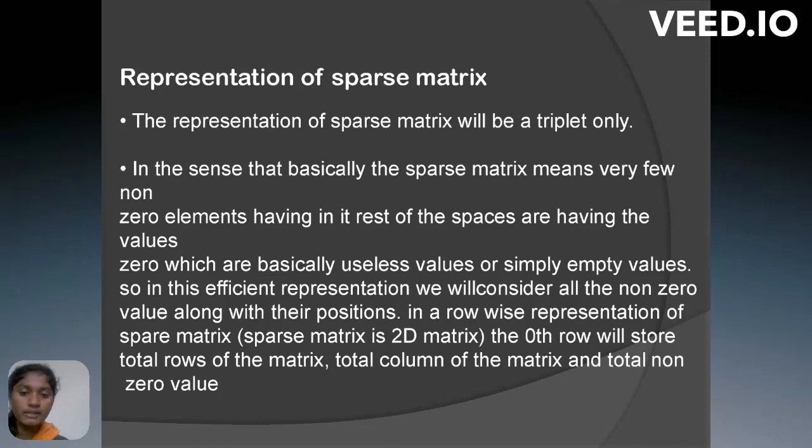So in this efficient representation we will consider all the non-zero values along with their positions in rows. In this representation of the matrix, the zeroth row will store the total rows of the matrix, total columns of the matrix, and total non-zero values.